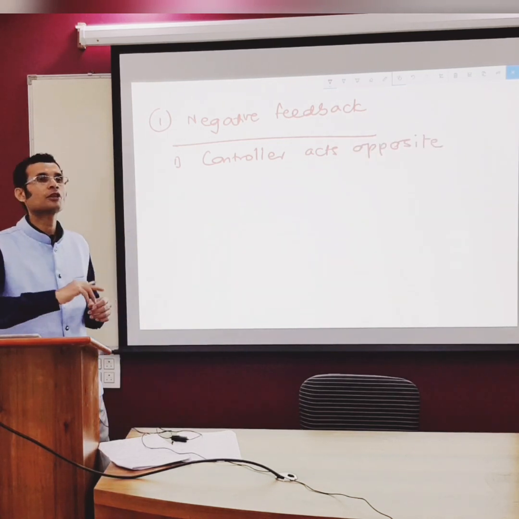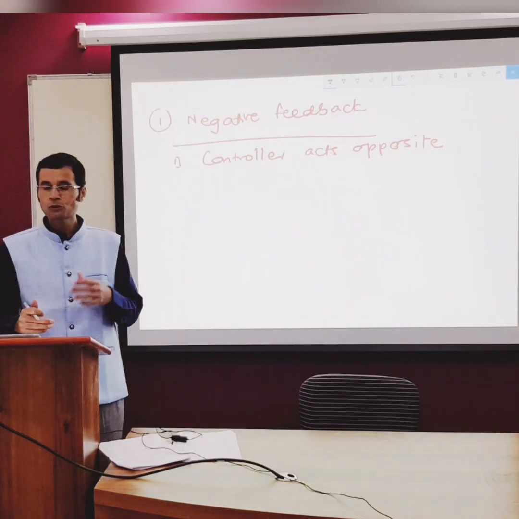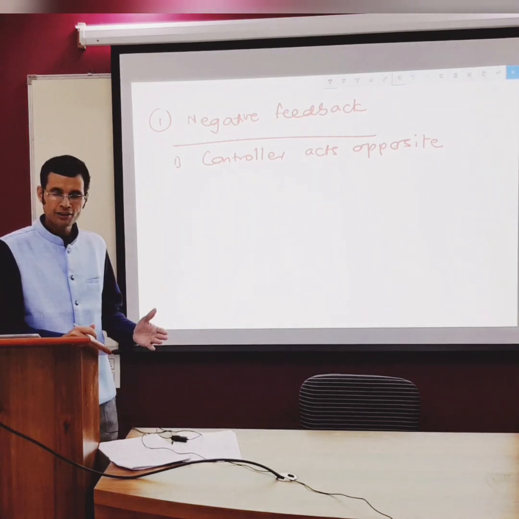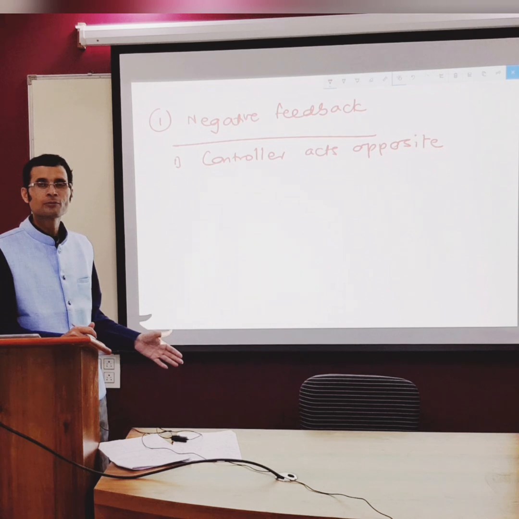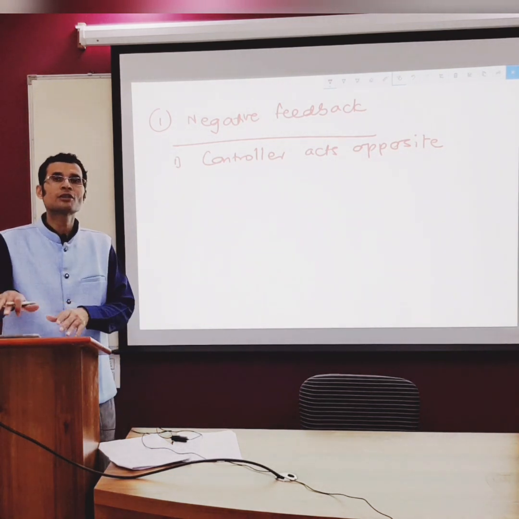If the change has occurred in a certain direction, the controller will act in the opposite manner so that the change is nullified, negated, cancelled out, and the parameter, the control variable, is brought back to the original set point.